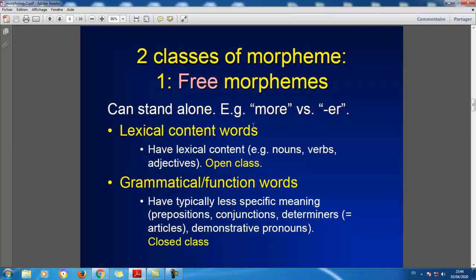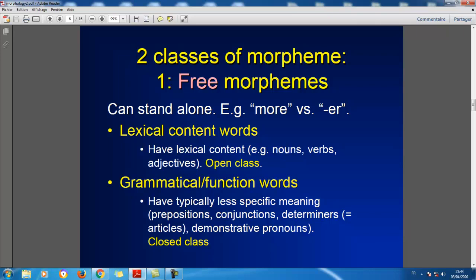And let us please, before this, try to talk about a difference between two major categories of words. We can talk about lexical content words as opposed to grammatical function words. What do you mean by content words? It means those words which carry the main message, the main meaning of the sentence where they are used.